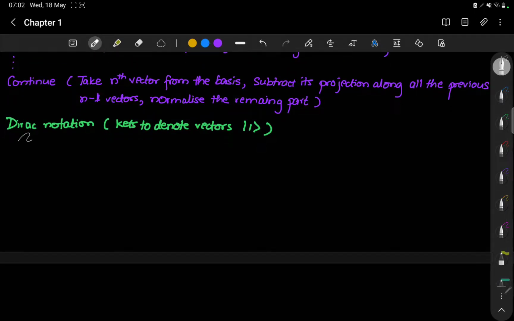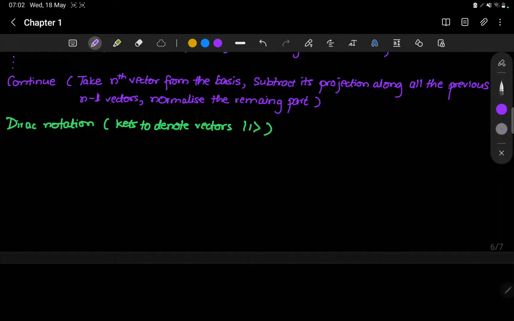Let us say we have the following set of vectors, which is a set of linearly independent basis vectors.